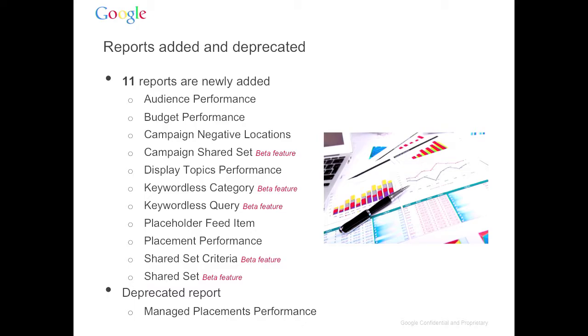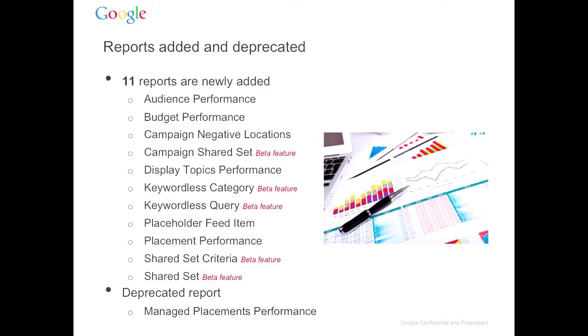Display topics performance report. This is specific to the display network, to the Google Display Network. I'm going to go into details about what is in these reports and why they are different and why we have specialized reports for them. We have reports also in beta for keywordless ads, which are the dynamic ads.